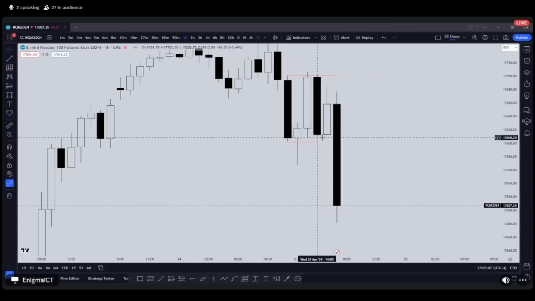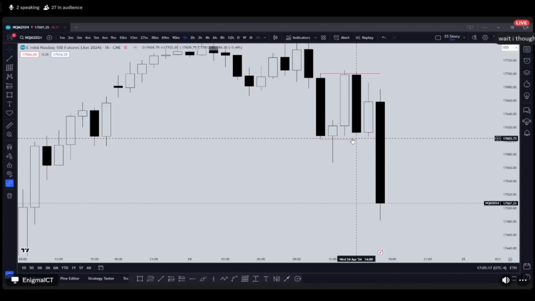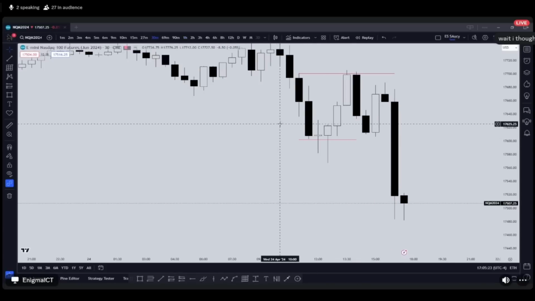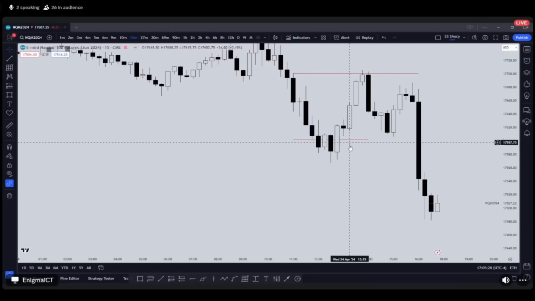This is the high of the candle on the hourly, and the next hour it opened low. What does that mean? That means we can look for longs, and the best thing to do is to identify a smaller time frame range inside this.